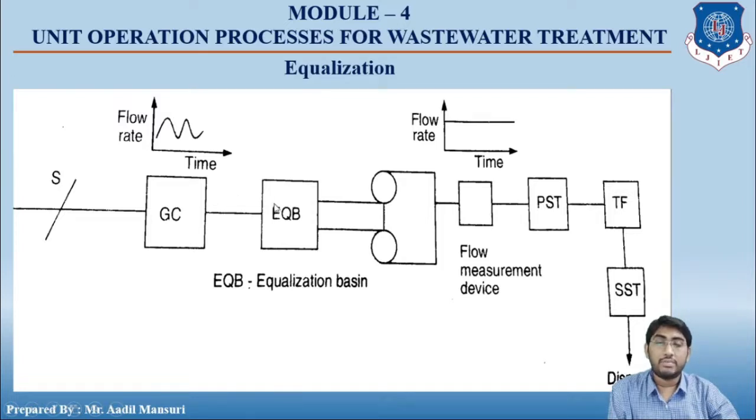After the equalization basin there is a flow measuring device, and above it there is again a chart of flow rate versus time, showing a nearly constant supply. So the main function of equalization is to maintain a constant supply to the subsequent units, that is the primary sedimentation tank, then trickling filter and secondary sedimentation tank, and so on. Understood students?